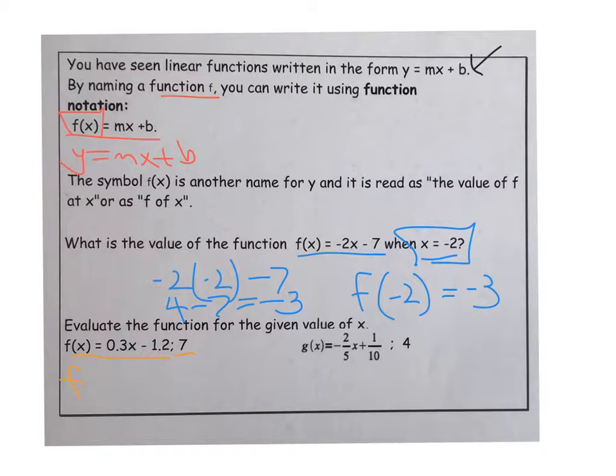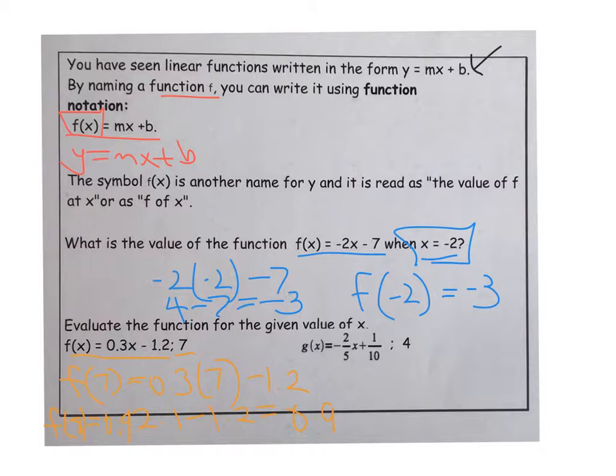So the way I'm going to write this is f of 7 is equal to 0.3 times 7 minus 1.2. 0.3 times 7 is 2.1, minus 1.2, so the final answer is 0.9. So f of 7 is equal to 0.9. Again, what that means is the function's value when x is 7 is 0.9.